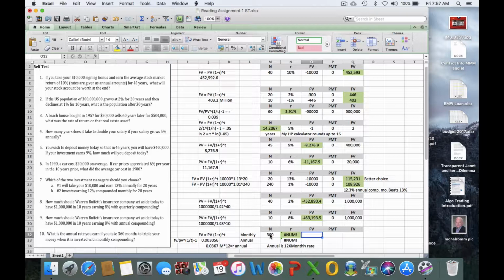I'm going to triple money. So if I put 1 in, I'm going to get 3 back. I could use any numbers there as long as it's a tripling. And you'll see that your monthly rate's about 0.3%. Your annual rate is about 3.7 or 3.67%. And all that is taking the monthly and multiplying by 12 to get to annual.